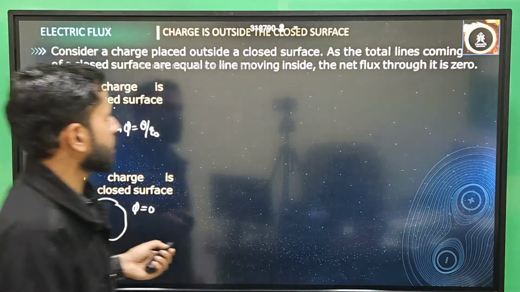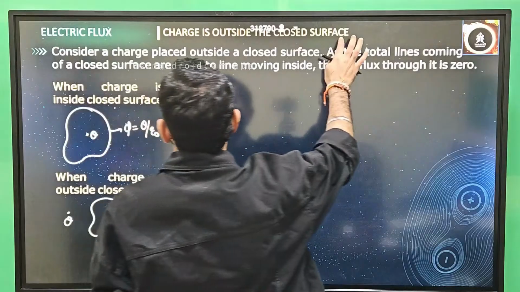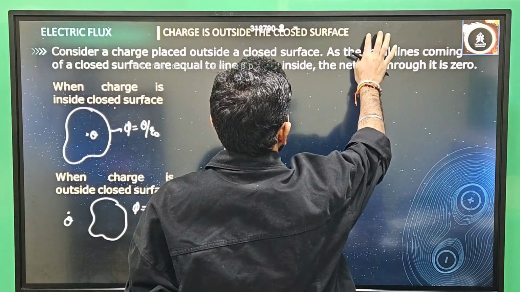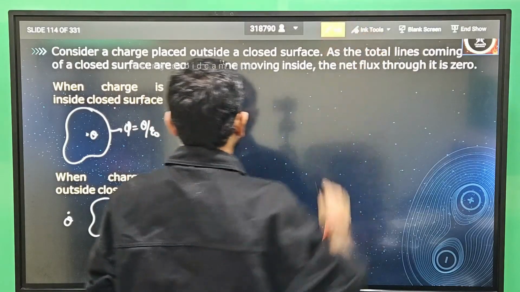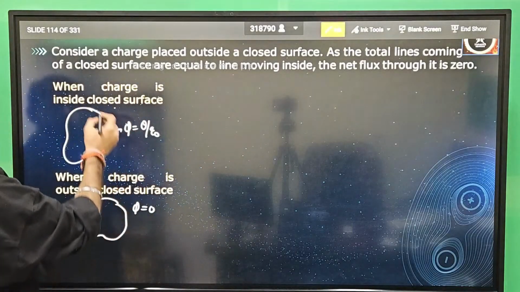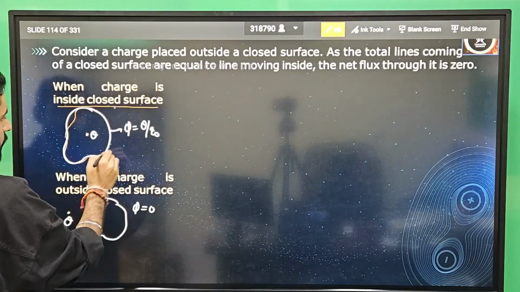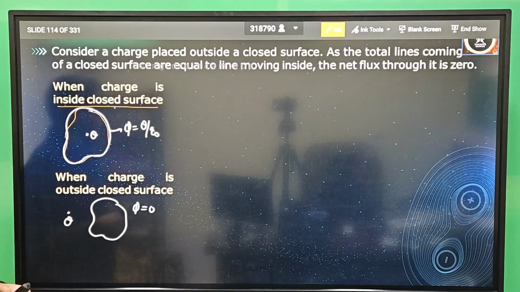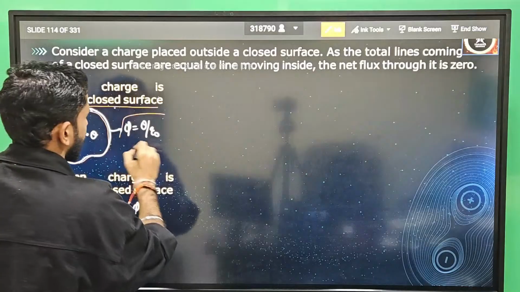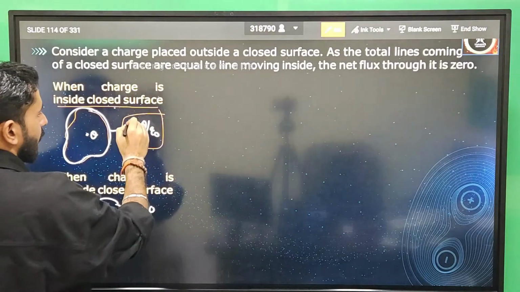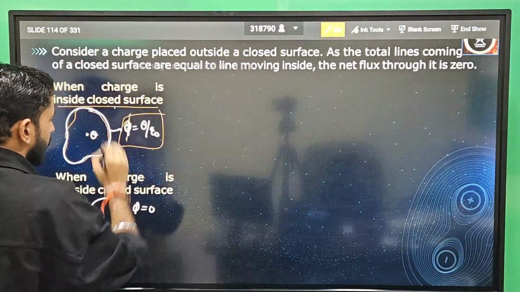So what is the result that we are getting in general? If a charge is inside a closed surface, we define this surface as a Gaussian surface. The net flux is equal to Q divided by epsilon naught.